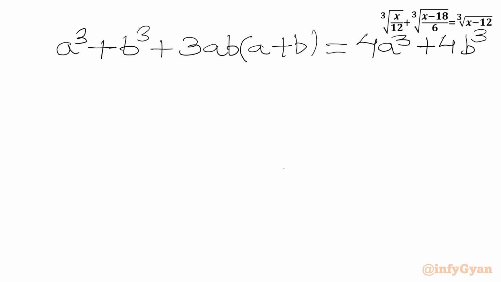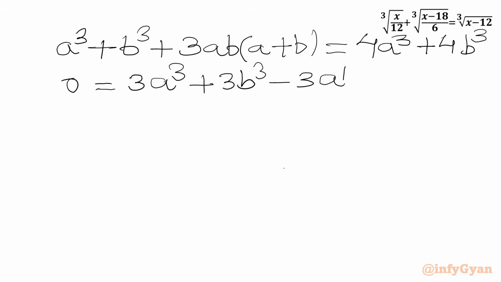Now we will take all the terms to the right hand side and we will write 0 in LHS. So in RHS there will be 4a cube minus a cube, we can write 3a cube. 4b cube minus b cube, we will write plus 3b cube. And then we'll write minus 3 times ab times a plus b.